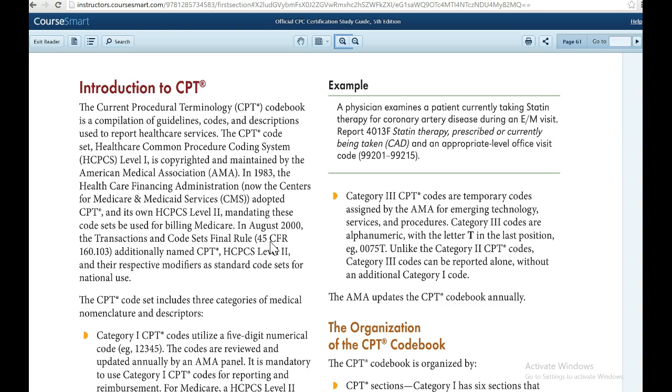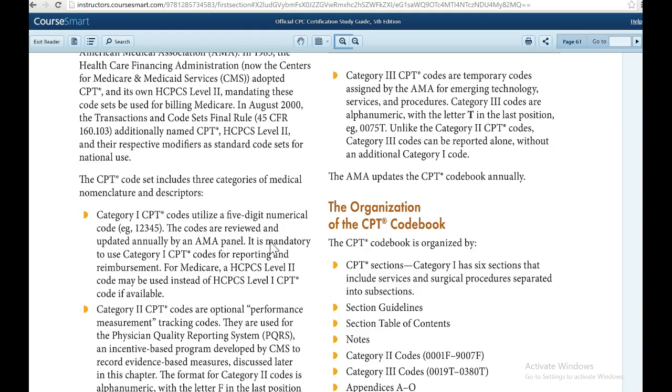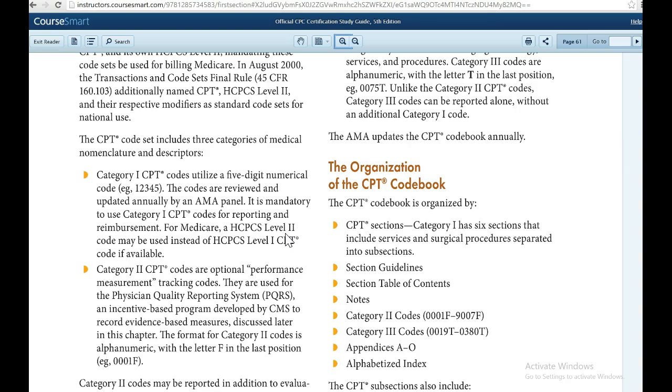Now, going through this chapter, I want you to make sure that you remember there are 3 categories of CPT codes. Category 1 are the CPT codes that utilize 5-digit regular CPT codes that we use. These codes are reviewed and updated annually by the AMA.